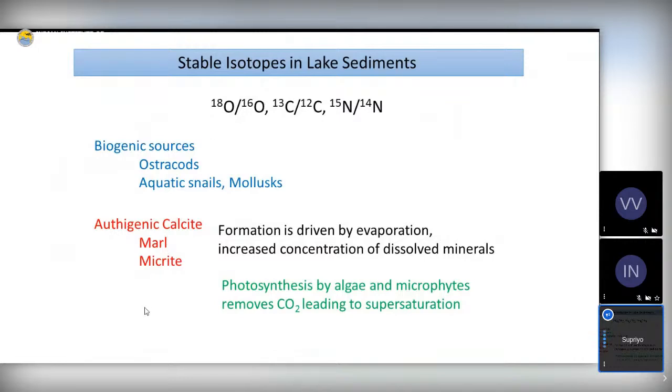It actually represents the evaporative conditions. When evaporation is very high, that is during the low rainfall regime, the isotopic composition will be higher, particularly the oxygen isotopic composition.